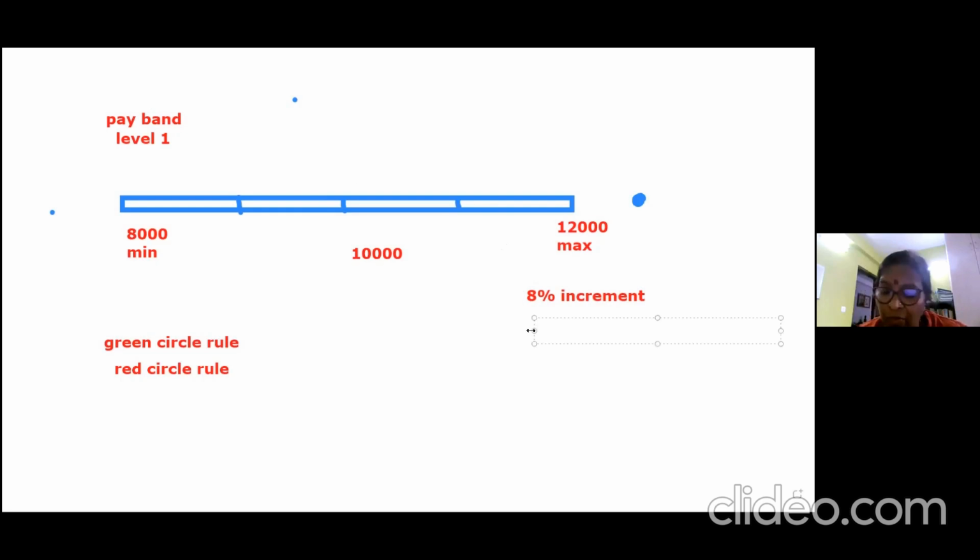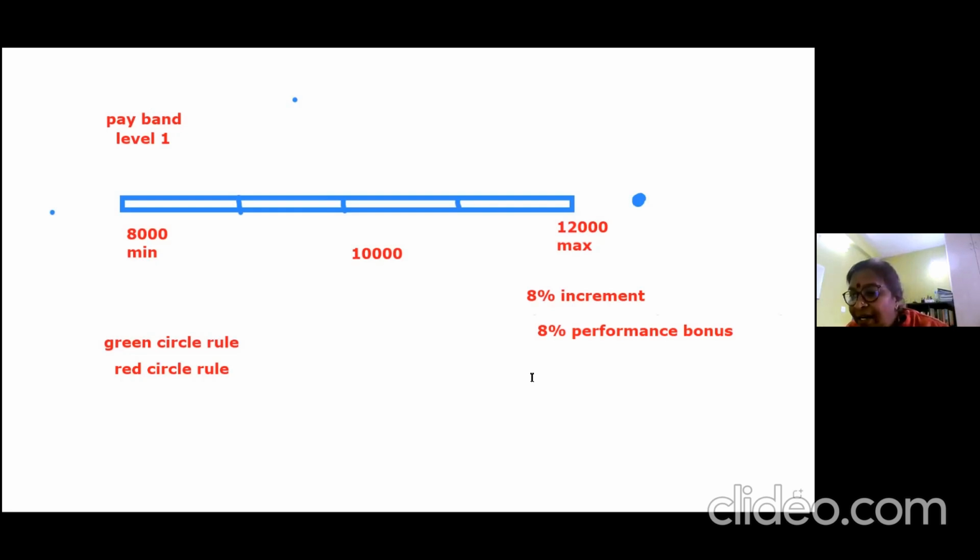Then I can give a similar 8% performance bonus. I will give an 8% performance bonus to those people who have reached the maximum, based on their rating, and so the bonus does not get added to their annual increment, which increases their base salary.